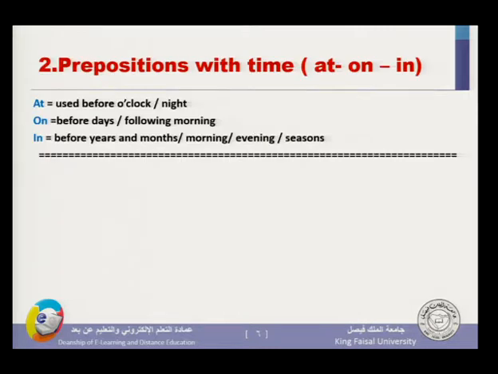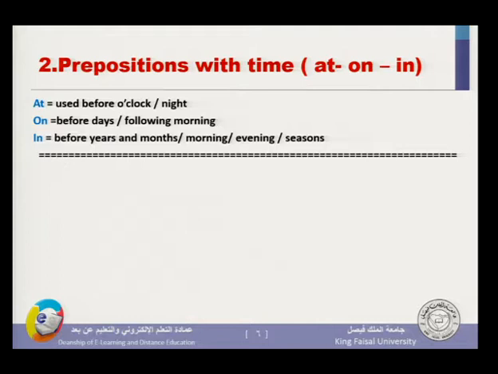Here we have prepositions at, on, and in. As you can notice, at is used before clock times and night. So I say at 7 o'clock, at 8 o'clock, or at night. On before days, I say on Friday, on Saturday, on Sunday, and so on and so forth.